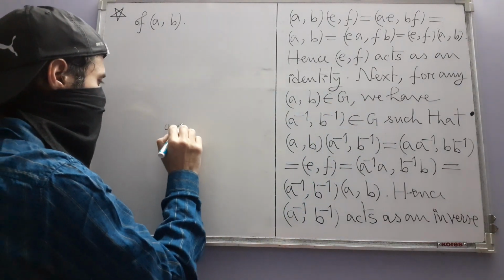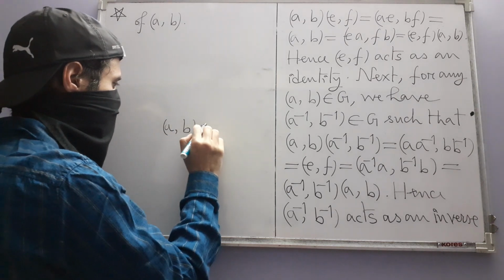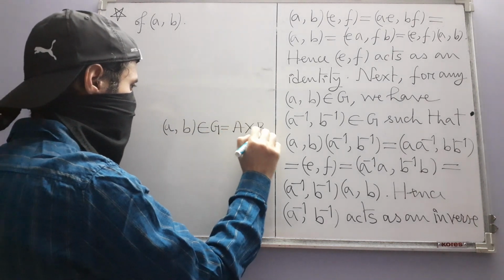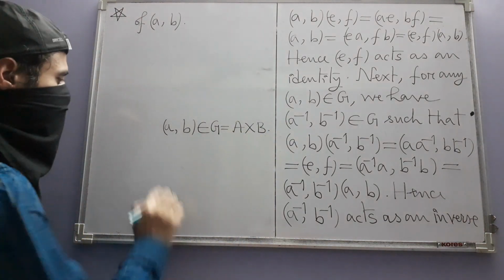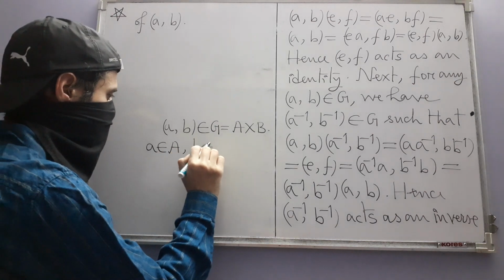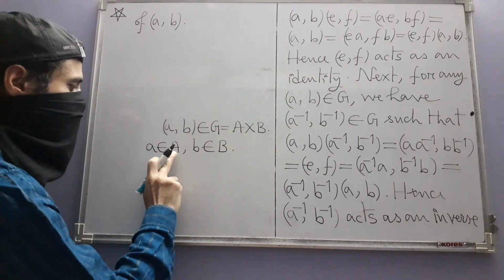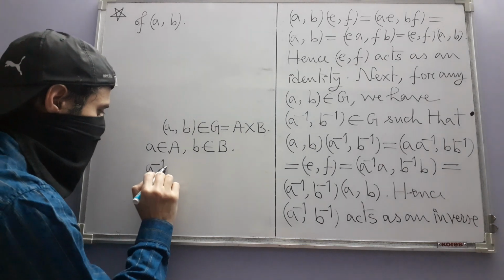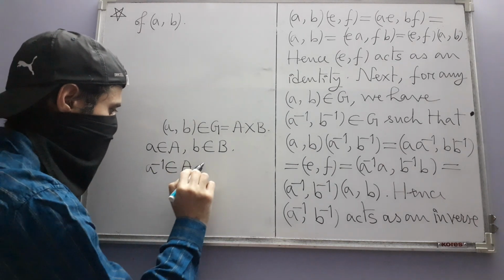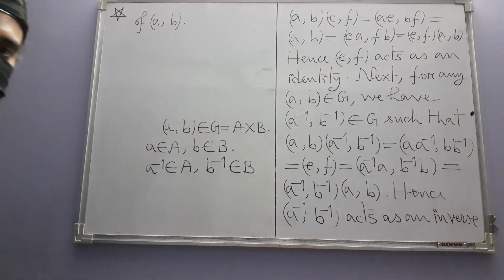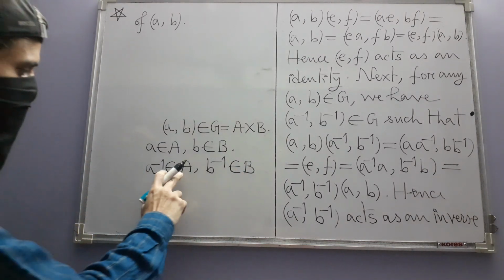You see, we have taken any element A comma B in G, which is this Cartesian product. This means A belongs to A and B belongs to B. Because these are groups, these elements have their respective inverses, which are also elements in these groups.